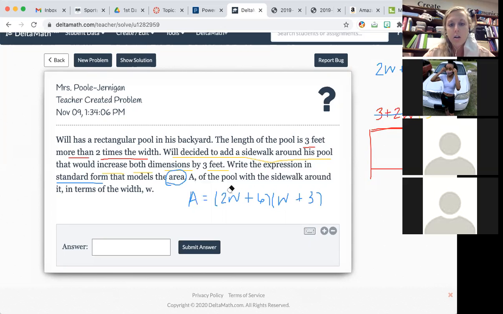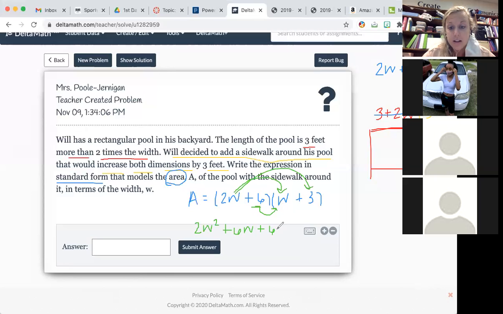All right. There we go. 2W times W. What does that give me? 2W squared. Good. 2W times 3. What does that give me? 6W. Good. All right, I'm done with the first and the outer. So now we're on inner. What's 6 times W? 6W.